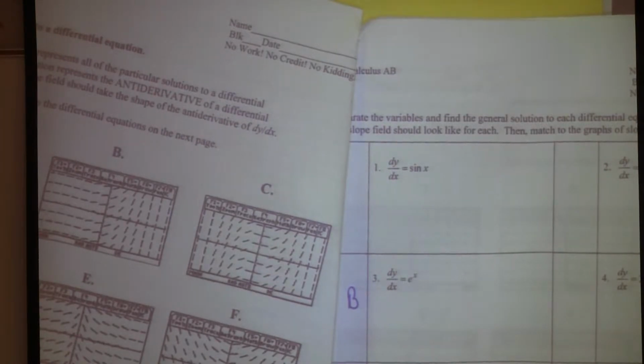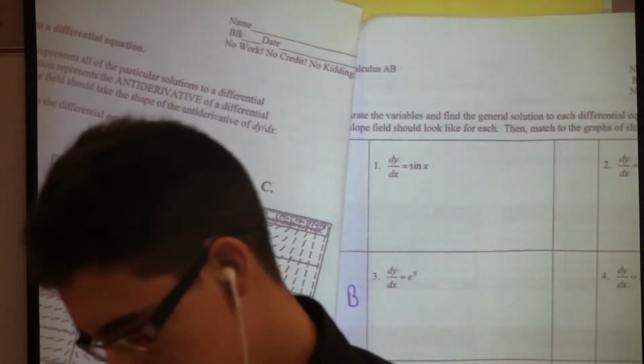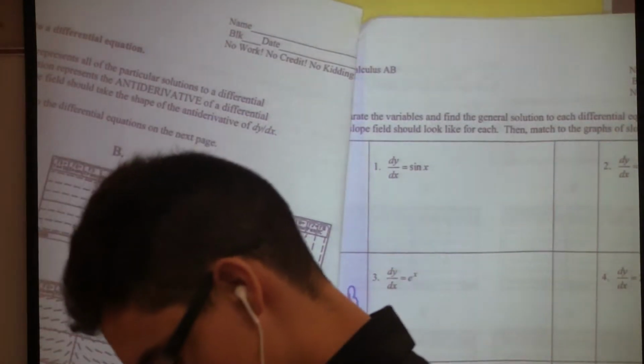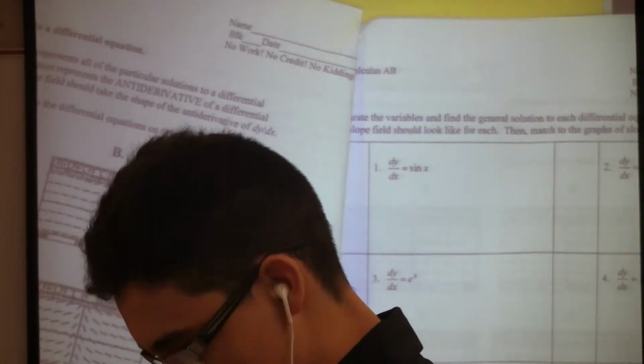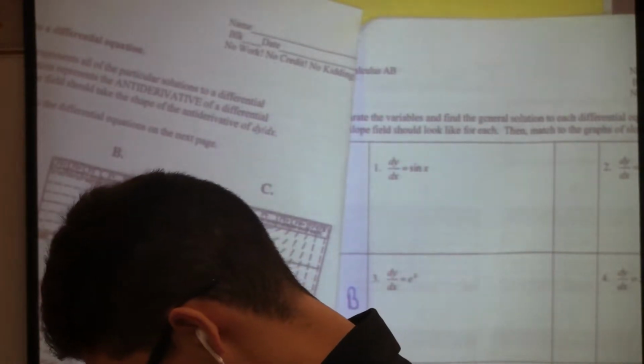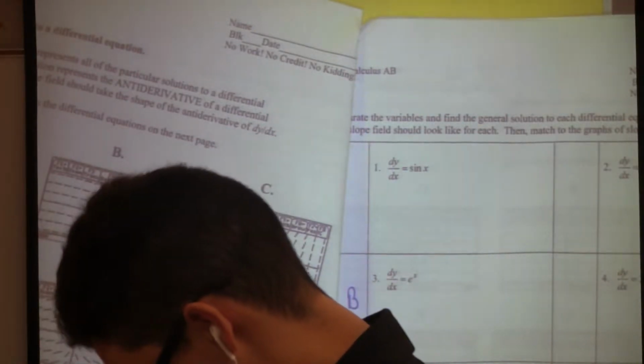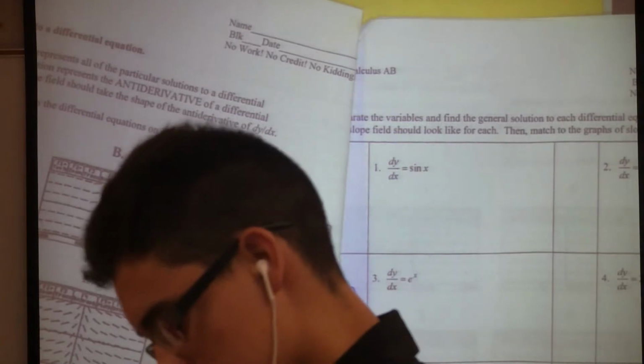It's because at one point it needs to be zero. So it's either this one or this one. Minus C, copy C. Minus C. The only one that's cubic is.